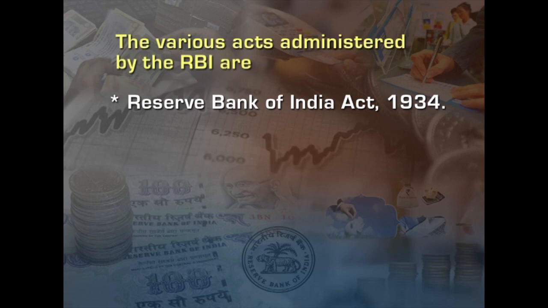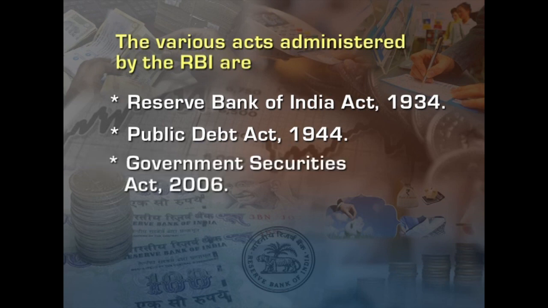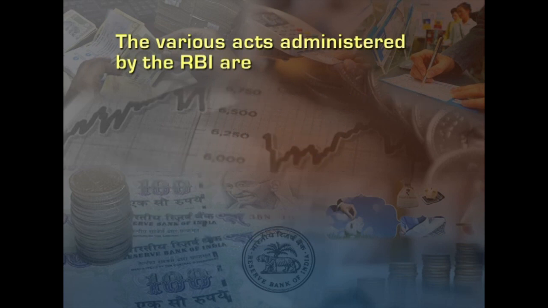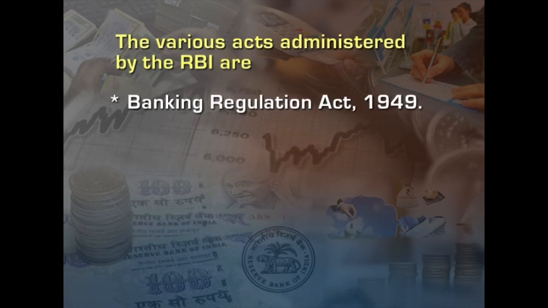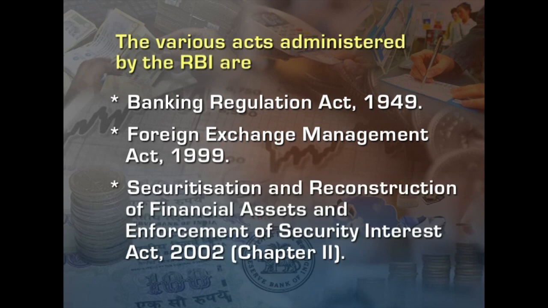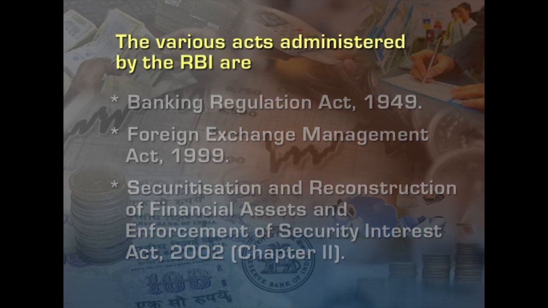Reserve Bank of India Act 1934, Public Debt Act 1944, Government Securities Act 2006, Government Securities Regulations 2007, Banking Regulation Act 1949, Foreign Exchange Management Act 1999, Securitization and Reconstruction of Financial Assets and Enforcement of Security Interest Act 2002.